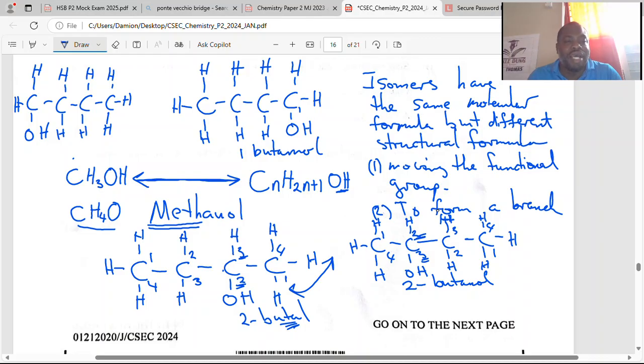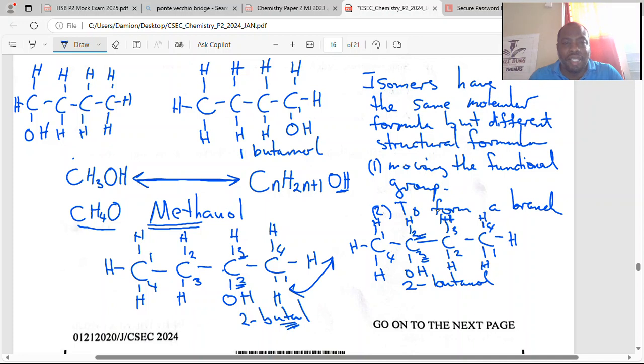So you'll never have a 3-butanol or a 4-butanol because you have to number so that they are on the lowest carbon possible. So that is it. So the two would have been either 1-butanol or 2-butanol.